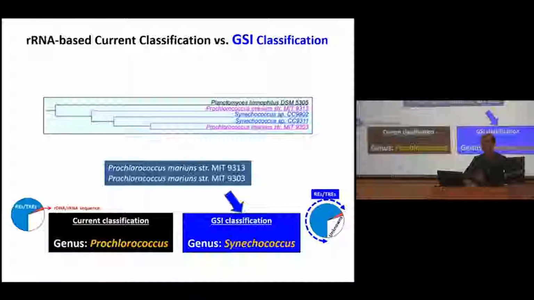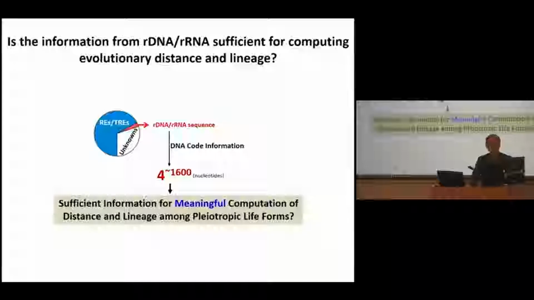We did not survey all the microbes. However, if we look at the entire population of microbes out there that we studied, we might be able to find more of these. So now we can question whether the ribosomal RNA sequence information is sufficient for computing evolutionary distance or lineage. Maybe not.